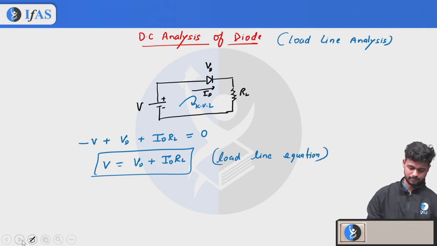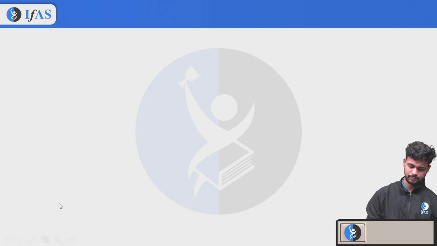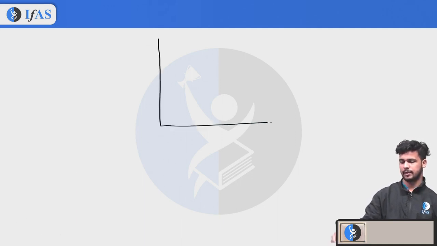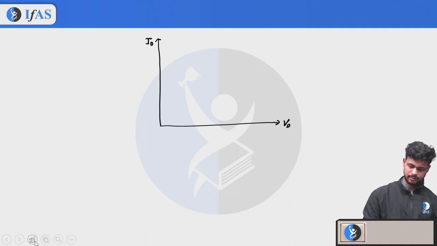Okay, now if I draw the current versus the voltage, so this is ID versus VD.